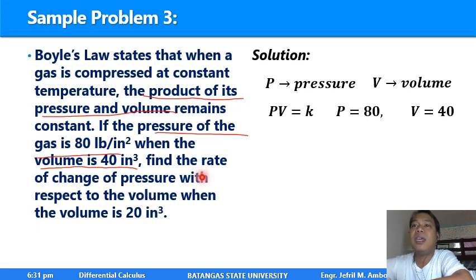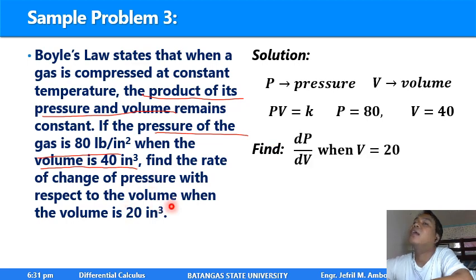So this must be the derivative of the pressure with respect to the volume, and we write it as dP over dV. At what particular condition? When the volume is 20 cubic inches, that is why we write when V is equal to 20. So this entire worded problem is now converted into these mathematical expressions.